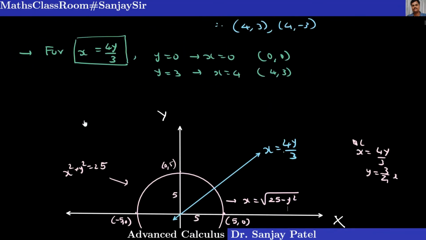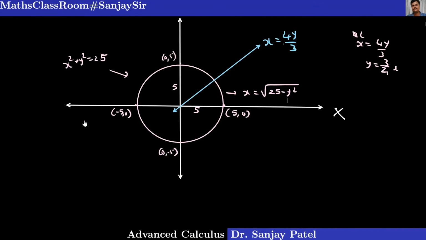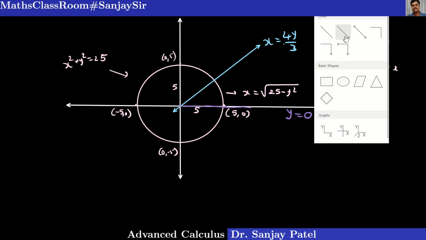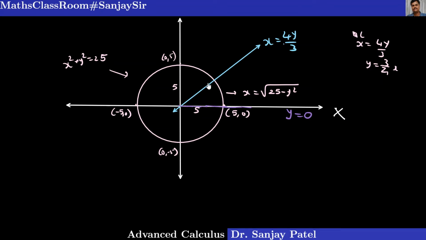Okay. So I should draw the line y is equal to 0. y equal to 0 is clearly the x-axis. Well, this is the y equal to 0 line. So this is the line we should consider. And another line is y is equal to 3.